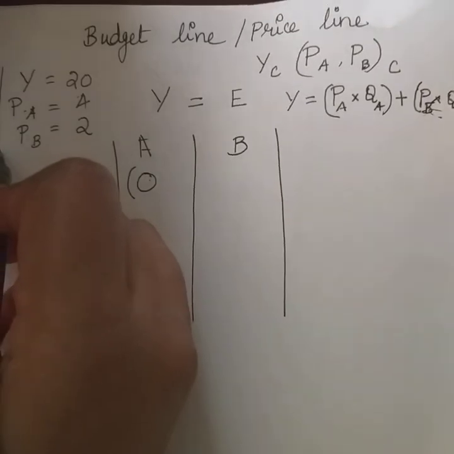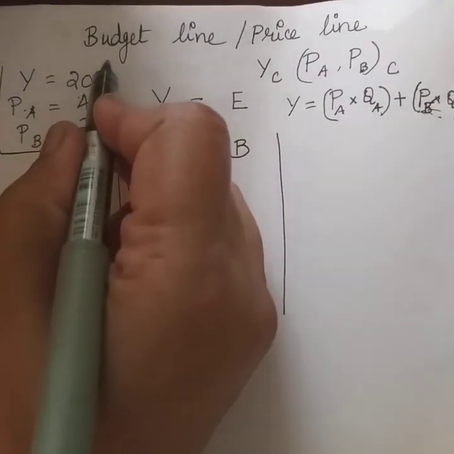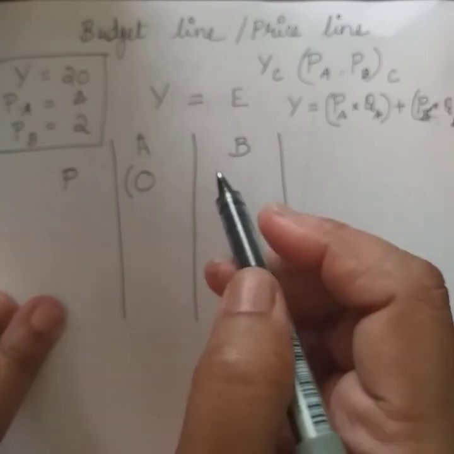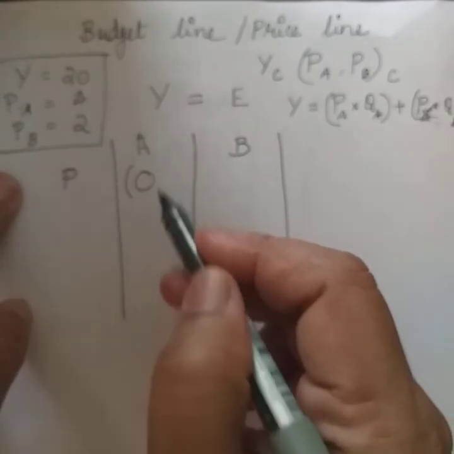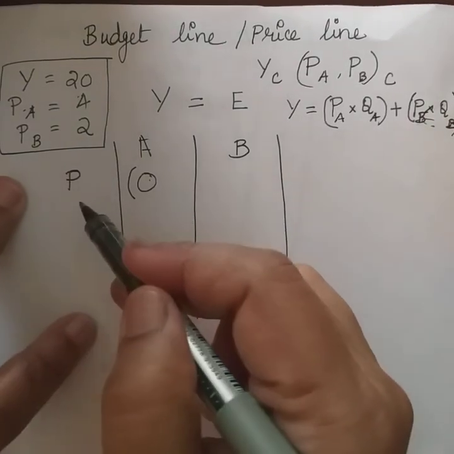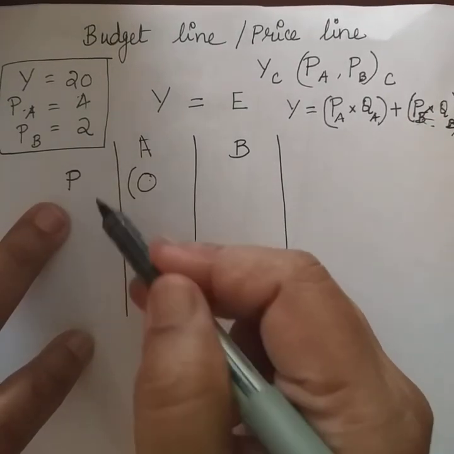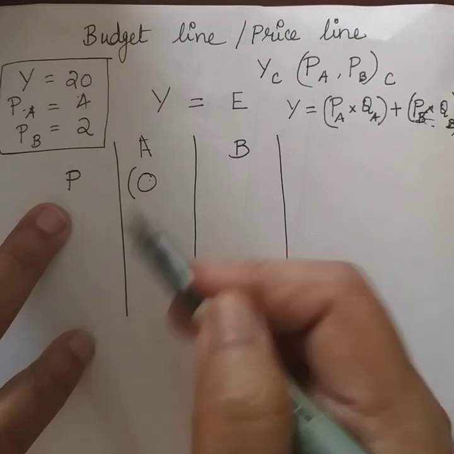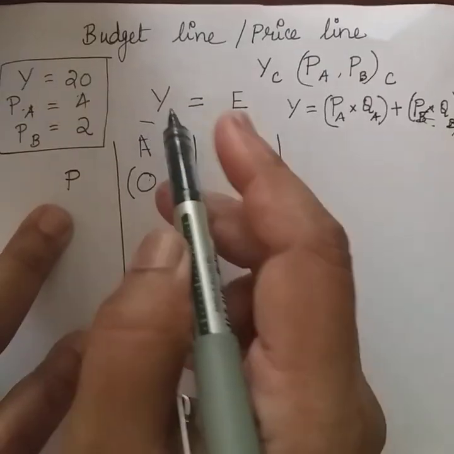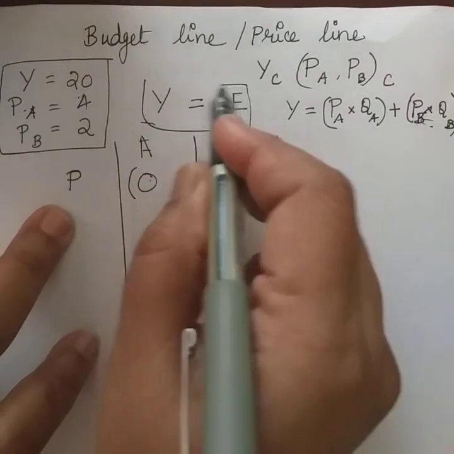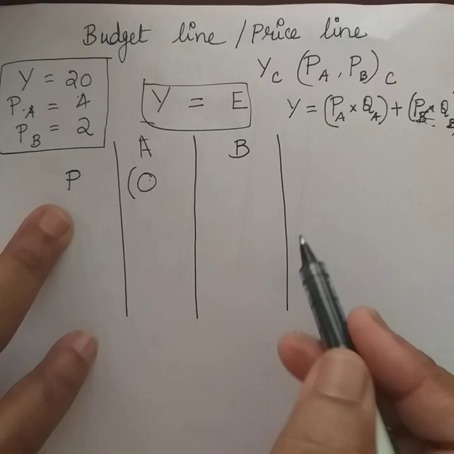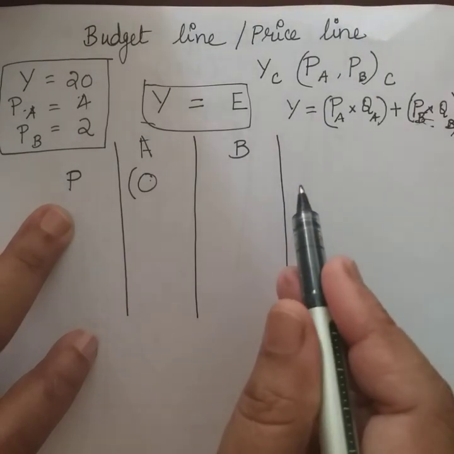Fine. So this remains constant throughout the consumption activity. With this assumption, let us see how we can depict the various combinations that will allow this income equal to expenditure equality, or rather the combinations which would give the budget line.